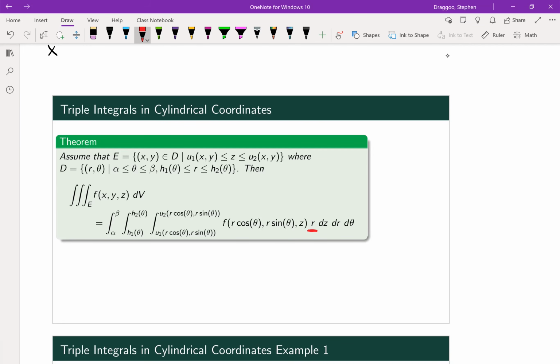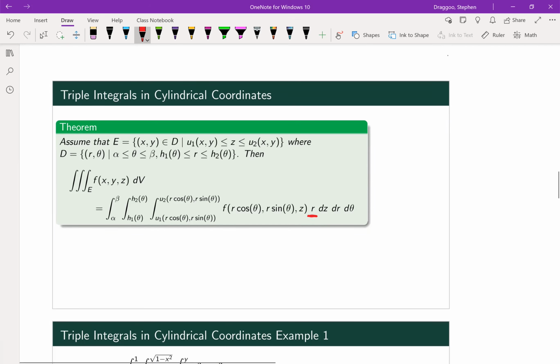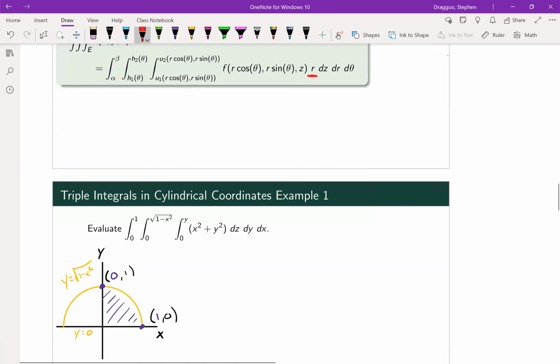And so this is probably about what we expect. If we have a triple integral and we'd like to do that in cylindrical coordinates, then it's just an iterated integral of our three variables. We'll replace x and y with r cosine theta and r sine theta, and dV will be r times dz dr d theta.